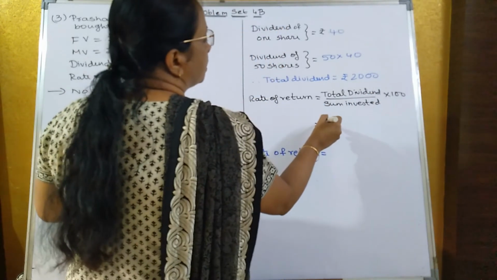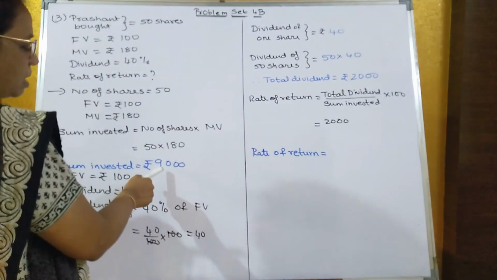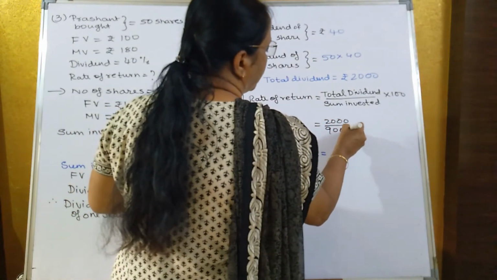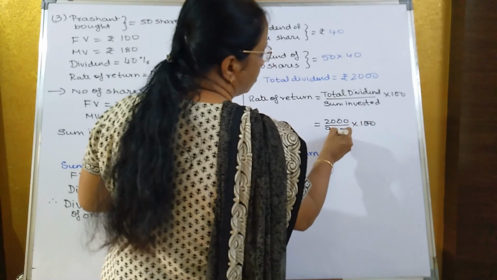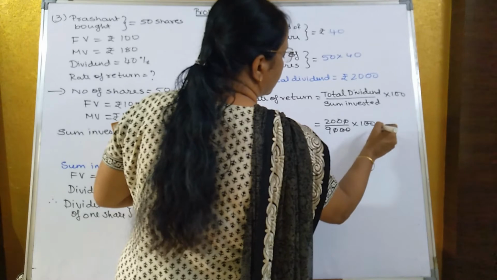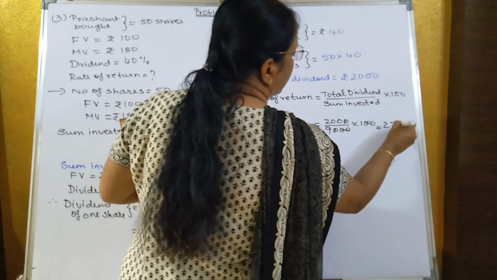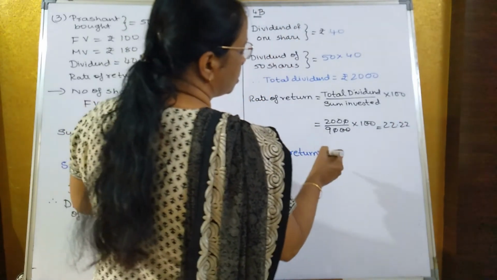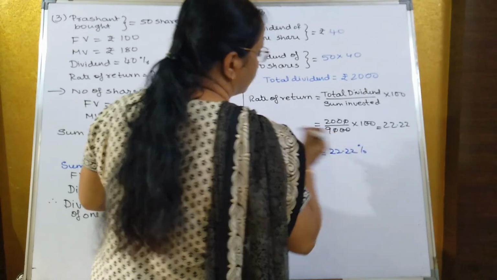Total dividend is 2,000, sum invested is 9,000, into 100. Two zeros will get cancelled, one 0 will get cancelled. So that is equal to 22.22. So rate of return is 22.22%.